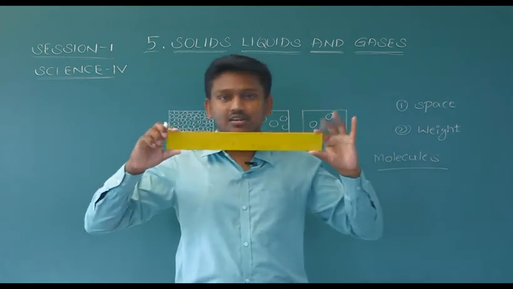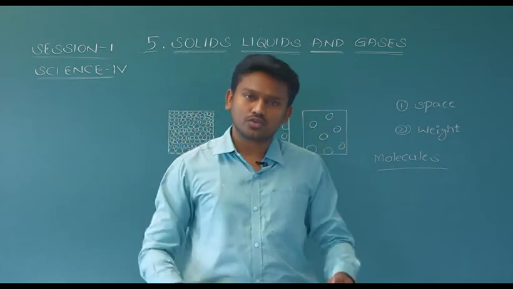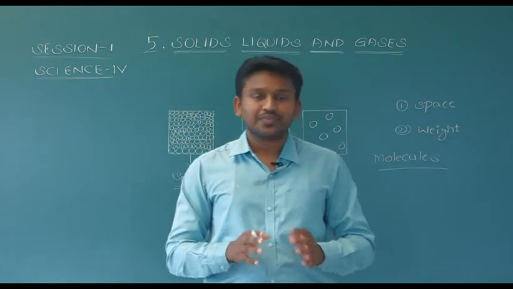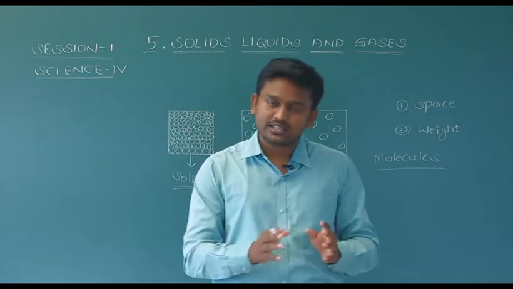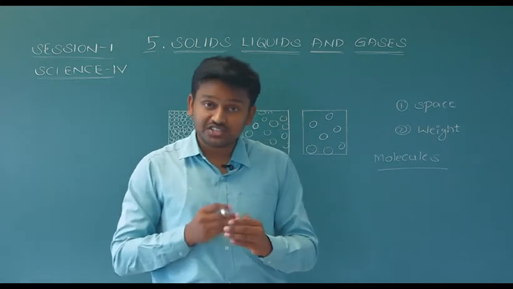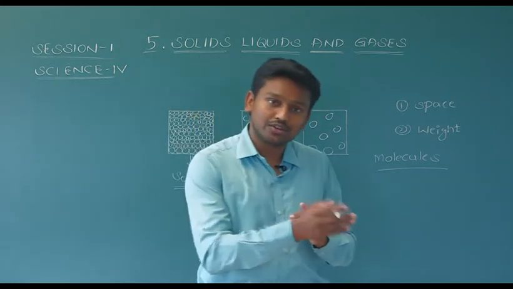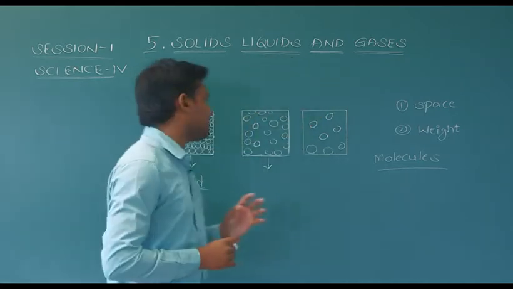You can see this ruler, this is a rectangular shape. Yes. So, solid objects have a fixed shape, but liquids do not have a fixed shape, because they change their shape based on the container, they acquire the container's shape.